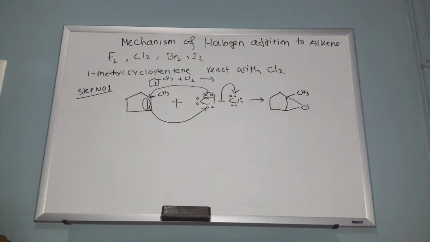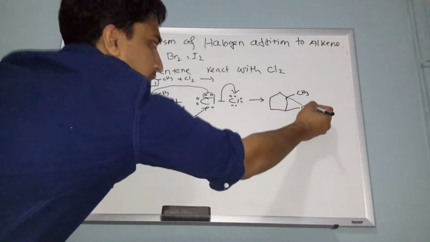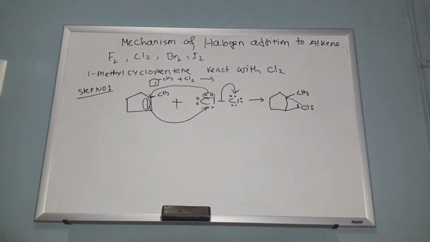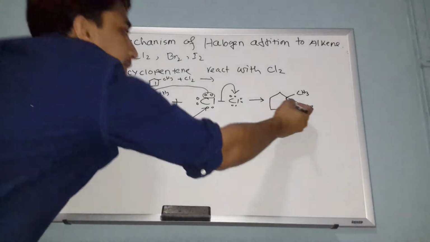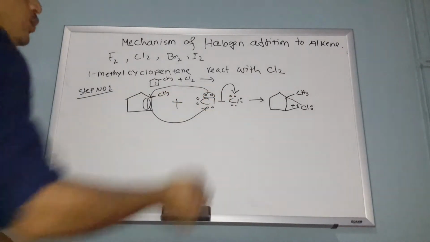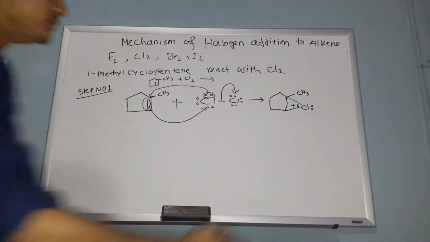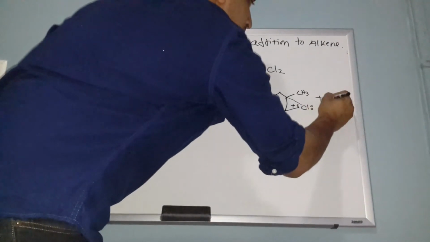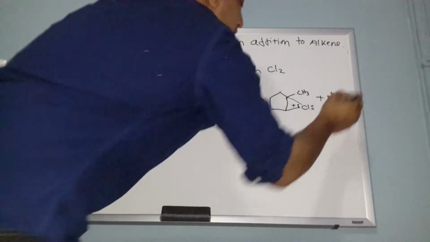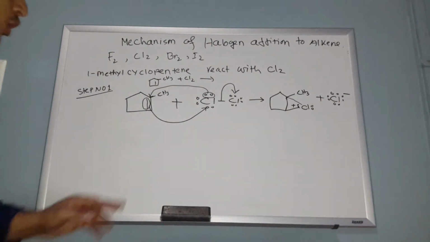We still remain how many dot? Chlorine donates 2 electron, chlorine becomes positively charged. And what happens when this chlorine accepts 2 electron? Chlorine becomes negatively charged.